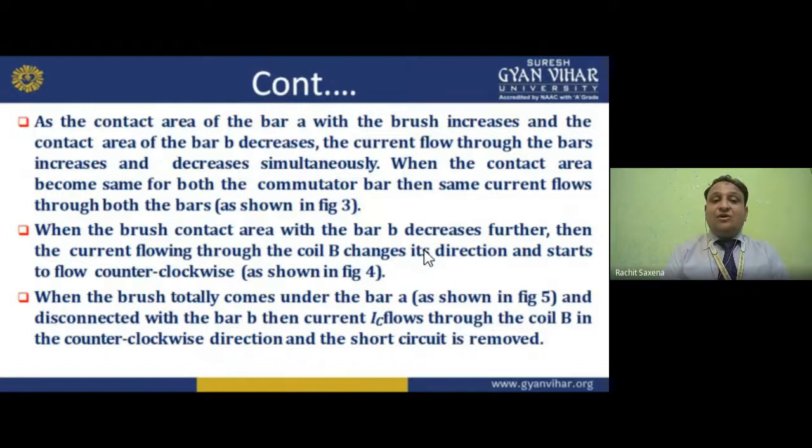Now, as the contact area of bar A with the brush increases and the contact area of bar B decreases, means bar A increases but bar B decreases, the current flow through the bars increases and decreases simultaneously. What increases will become decreases, and what decreases will become increases.